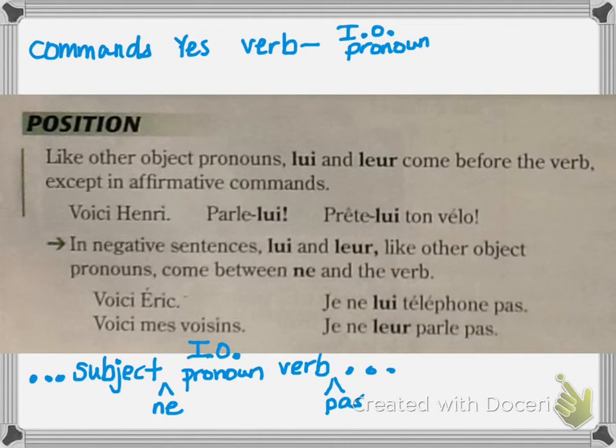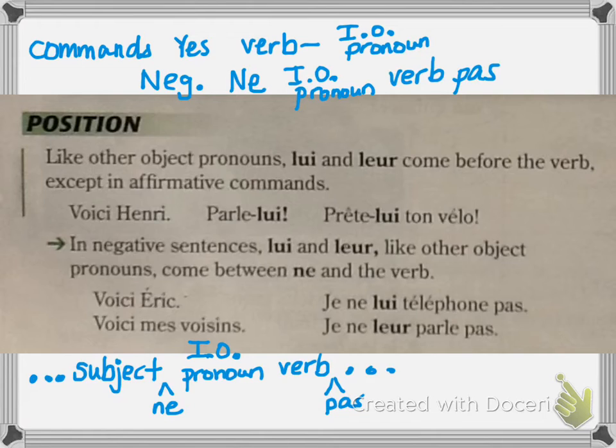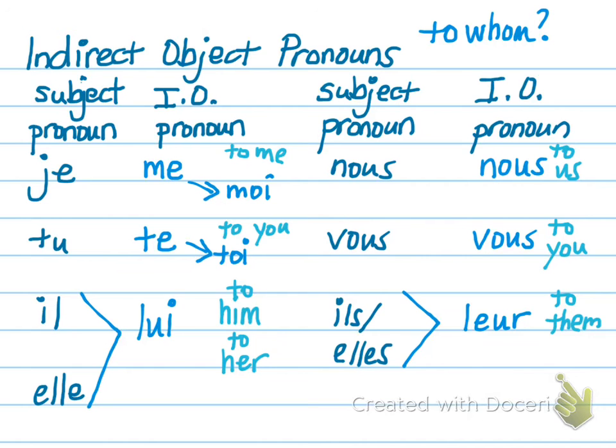And if it's negative, it's ne, indirect object pronoun, verb, pas. Because remember, there are no subject pronouns in commands. So again, not any different than what you've already learned. The only thing that's new here are these new indirect object pronouns lui and leur.